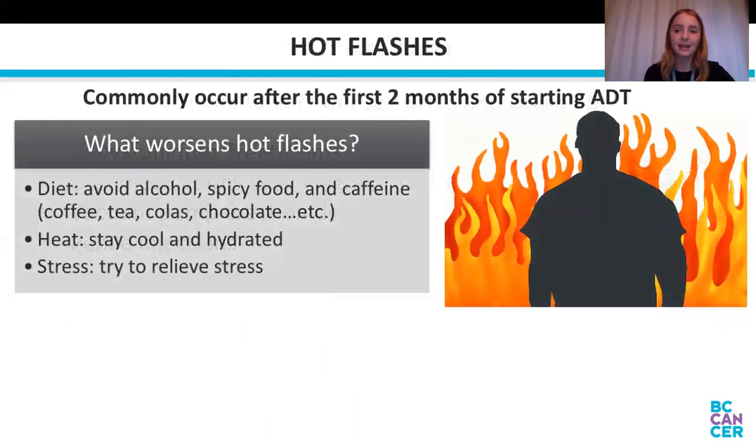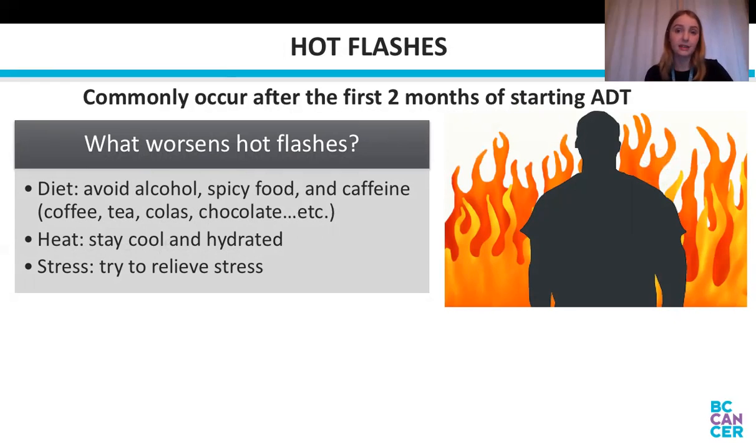Now, looking at another common side effect, which is hot flashes. These typically start after 2 months of starting hormone treatment. And the frequency and severity of hot flashes are individual. Some patients tell me that they last for a few seconds, and others, it can last for several minutes.